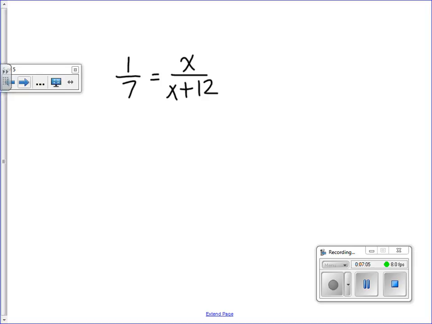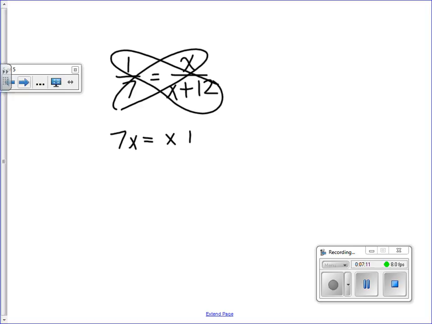So that means 7 times x is equal to x plus 12. Subtract x. Yep. 6x equals 12. x is 2.